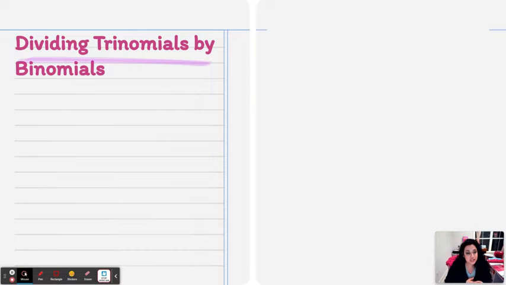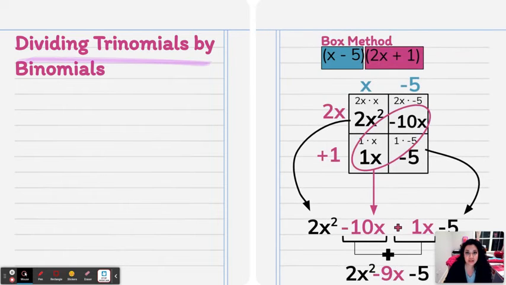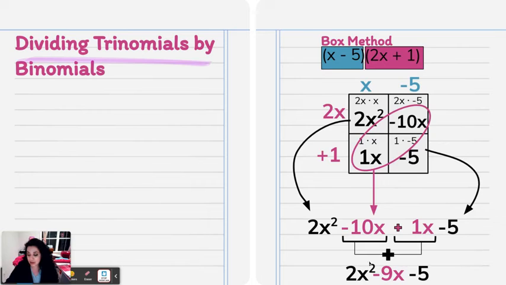What we are stressing for this test is dividing a trinomial, which is 3 terms, by a binomial, which is 2 terms. And for that, I first need you to recall when we did the box method. We took 2 binomials, and we set them up in a box, and we ended up getting our answer, which was a trinomial. The essential parts to know here, before we move on to the next section of dividing trinomials by binomials, we're going to be using the box method, but working backwards, is that the thing that fills in the first box is your first term in the trinomial.